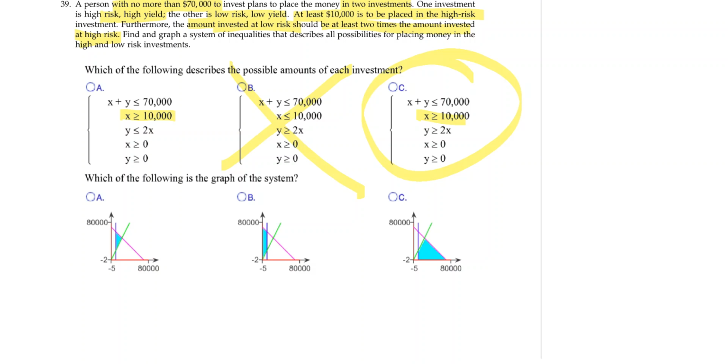So how you can do this, you can pick a point in here. This one is out of the question because x is greater than or equal to 10,000. I think that's the answer.